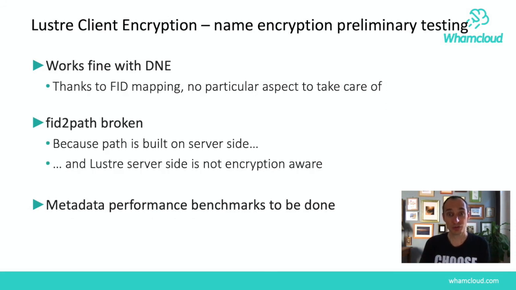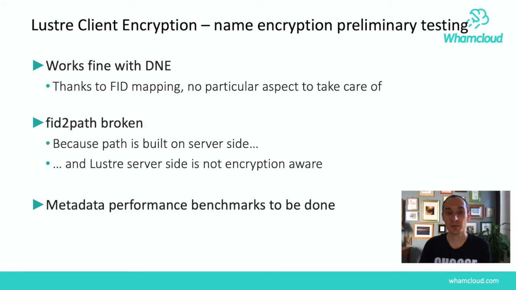So what about preliminary testing of this POC for name encryption? Surprisingly enough, it works fine with DNE, but in fact it's not really a surprise because thanks to FID mapping, there is no particular aspect to take care of.